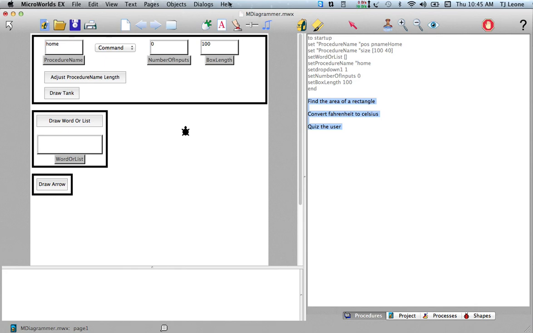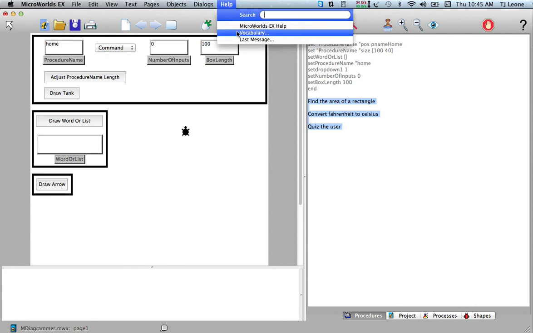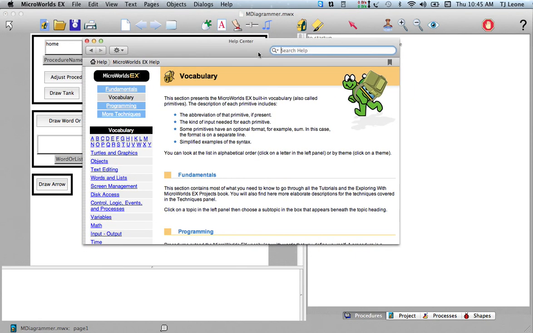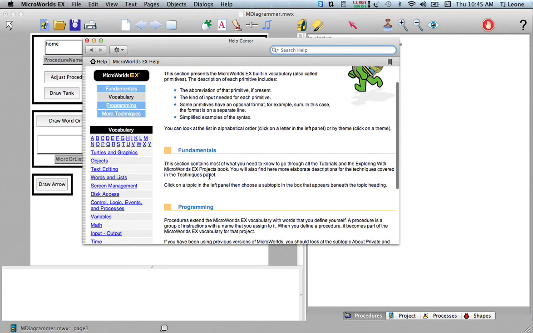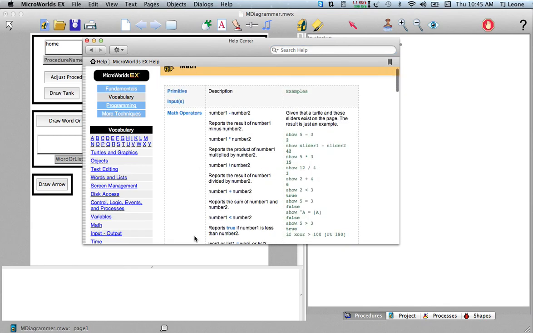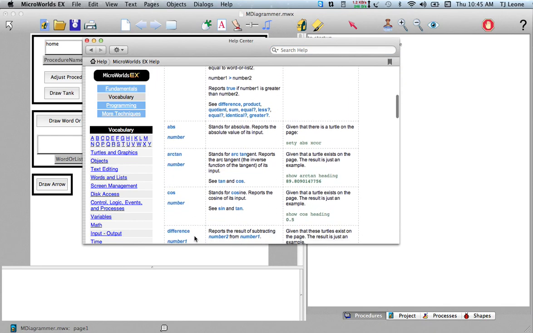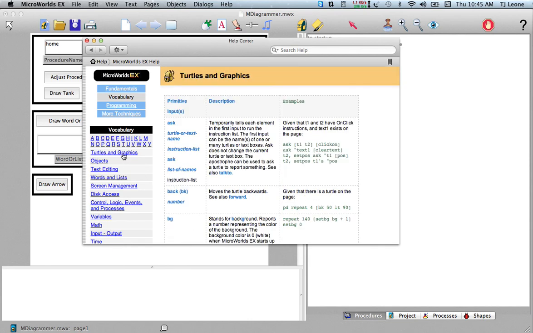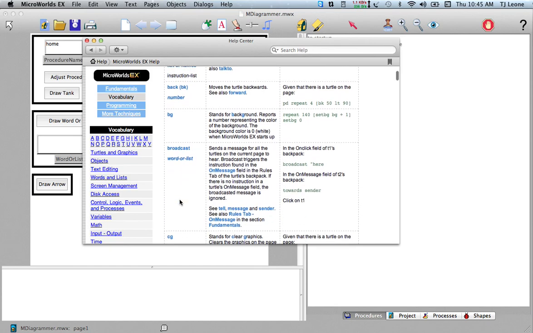And in Logo, the procedures that have already been written are called primitives or primitive procedures, and you find them in the vocabulary. Okay, so there are a bunch of math procedures. There are a bunch of procedures having to do with turtles and graphics.